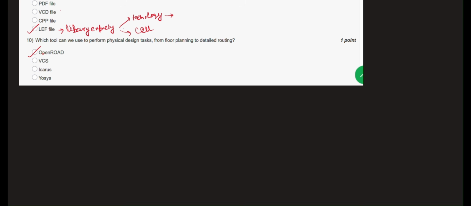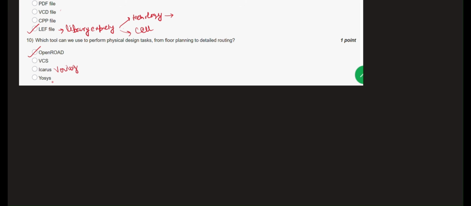OpenROAD is a tool to perform physical design tasks. VCS is actually a tool by Synopsys, used for RTL design related work. Icarus is open source software. Icarus Verilog, I know most of you will be aware of this, is an open source software for RTL design.